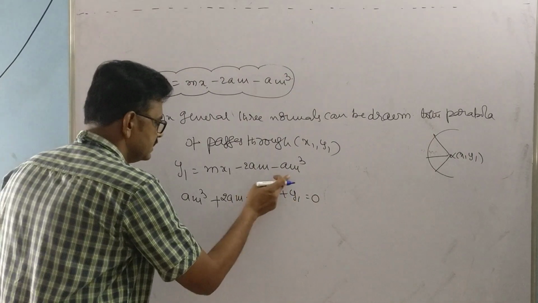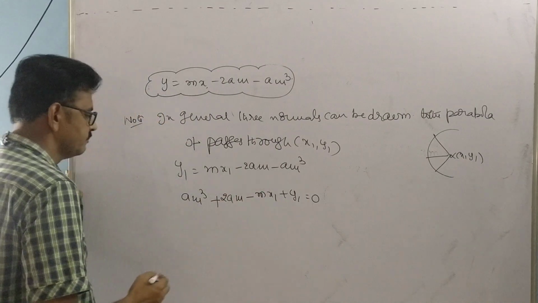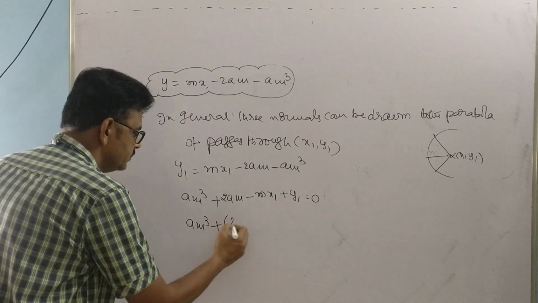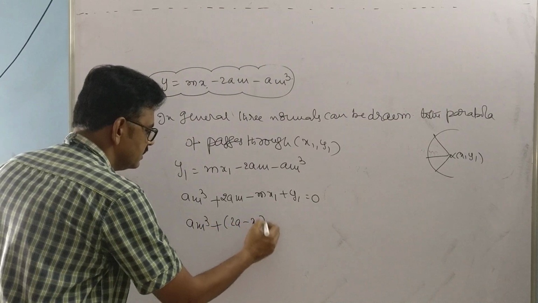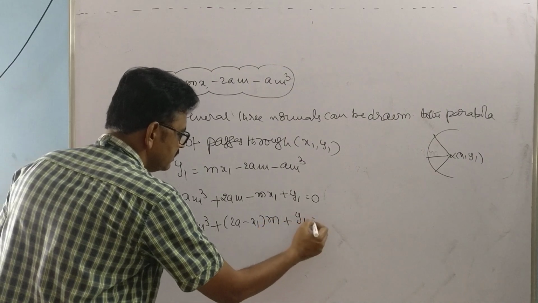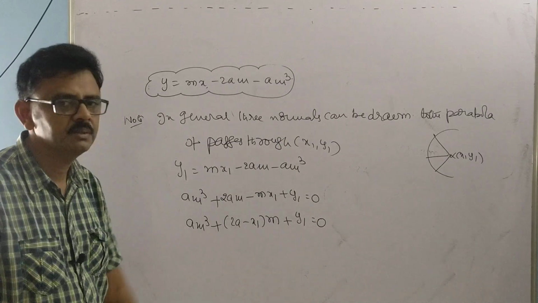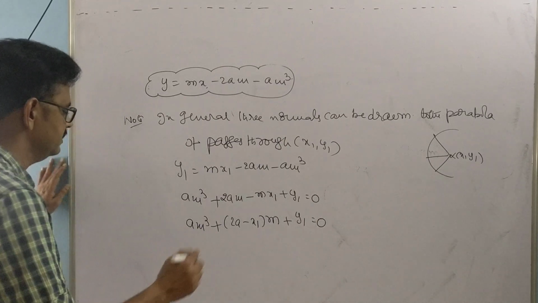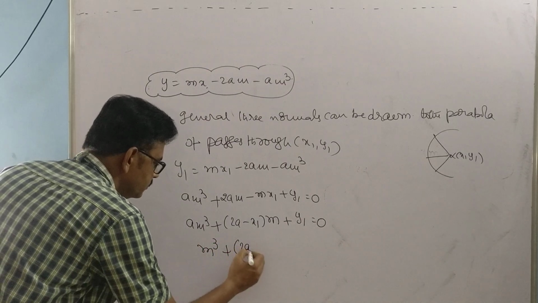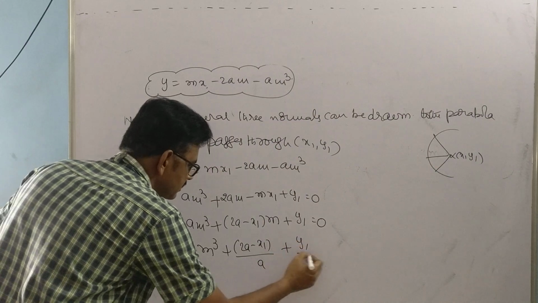Take this side: am cube plus (2a minus x1) into m plus y1 equal to 0, which is a cubic equation in terms of m. Now dividing by a: m cube plus (2a minus x1) by a into m plus y1 by a.